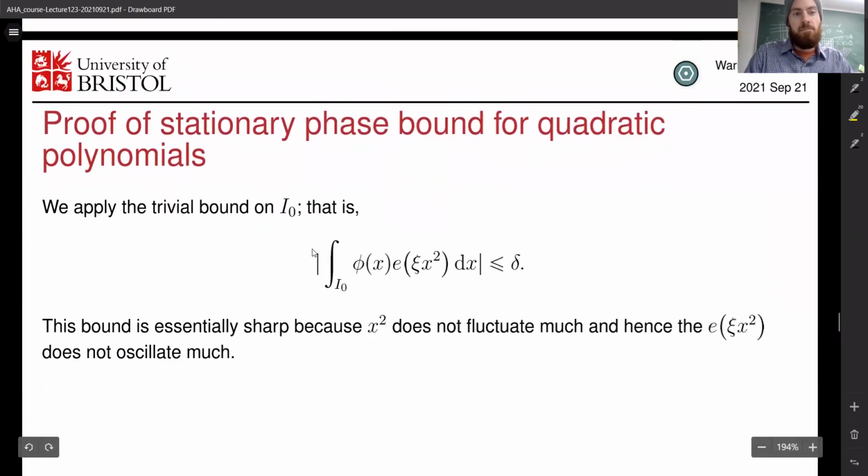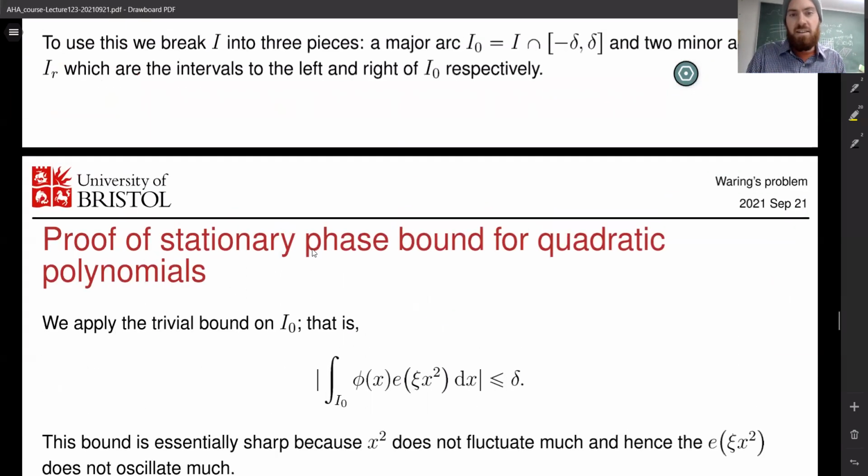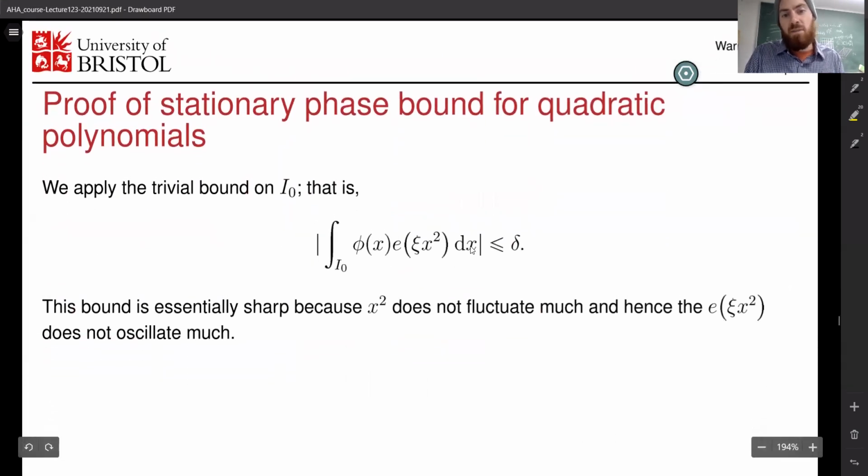Now, on that central piece, on that major arc, there's not enough cancellation for us to get anything good, and so we're just going to apply the trivial bound. I naught has length 2 delta, and so this trivial bound, when I move in the absolute values, is at most 2 delta. This is essentially sharp for really small delta, because this doesn't oscillate very much.